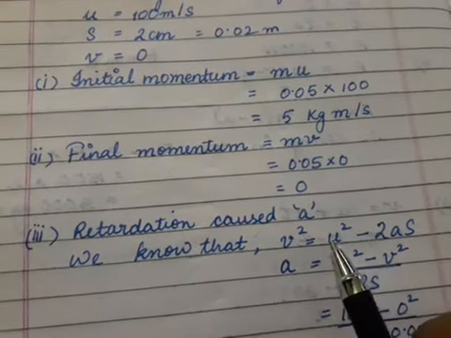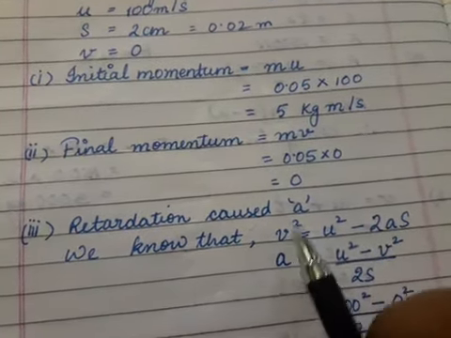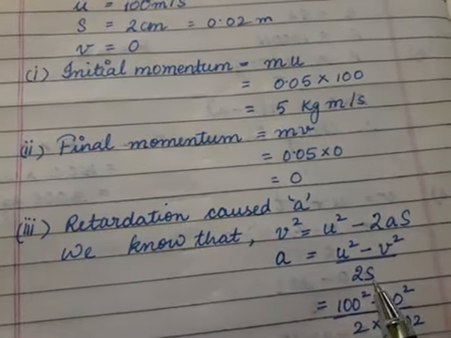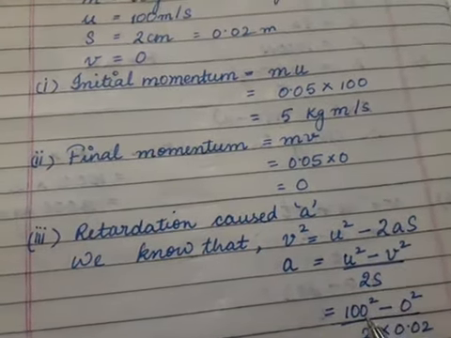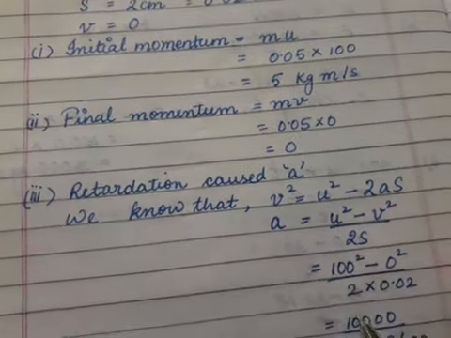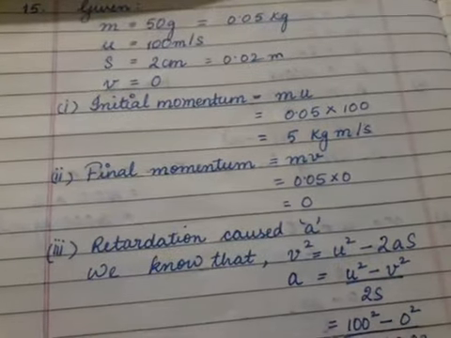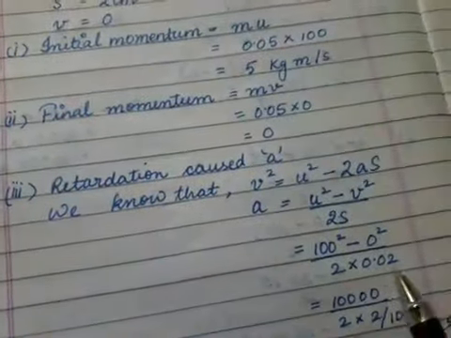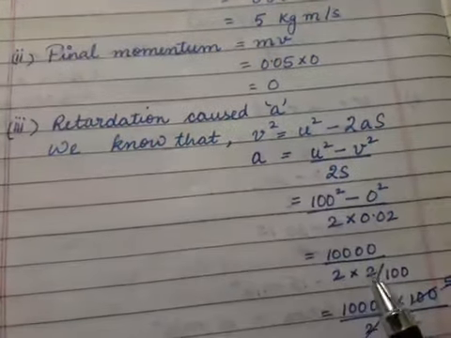So retardation is equal to, this one I'll bring to this side, so u square minus v square divided by twice s. Where u is 100, so u square will be 100 square, v is 0, so 0 square, twice into s, that is s is the penetration, 0.02. Clear? Which can be written as 2 by 100.